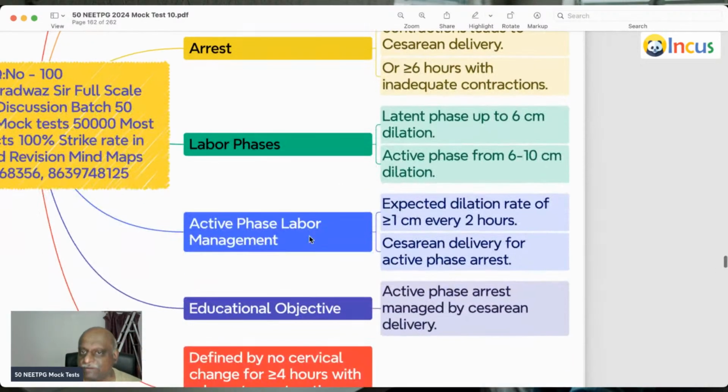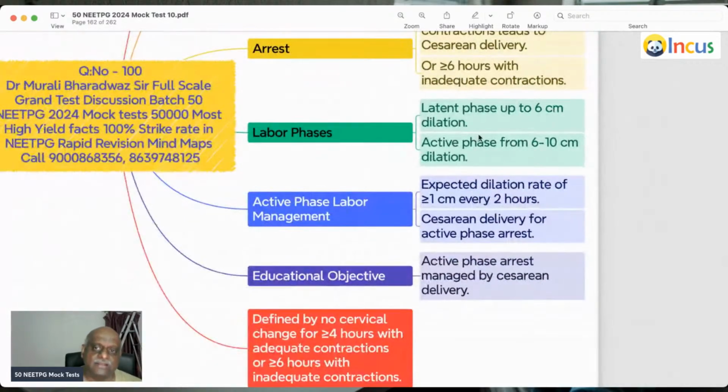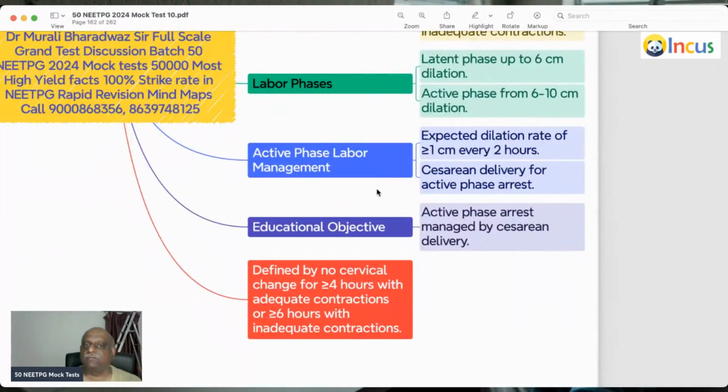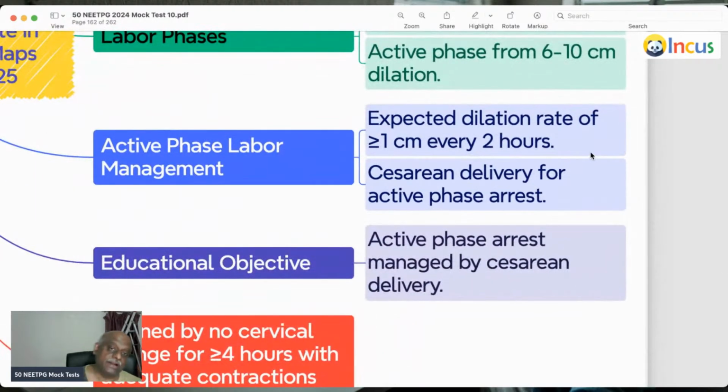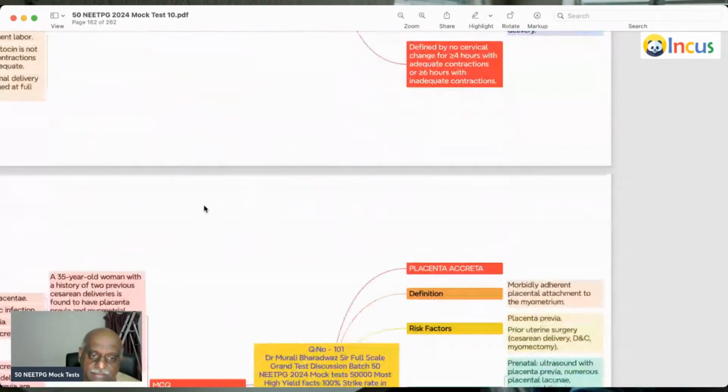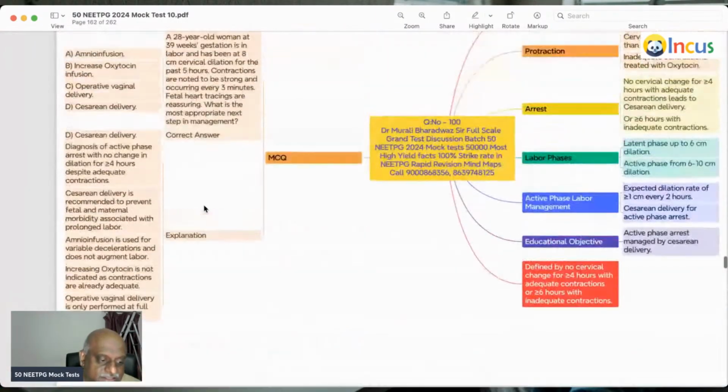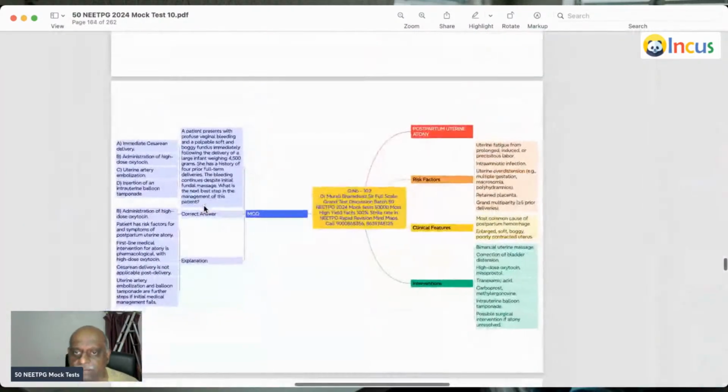If you look at labor phases, latent phase is up to 6 centimeters, 6 to 10 is active phase. In active phase management, expected dilatation rate is more than 1 centimeter every 2 hours, and caesarean delivery is the treatment for active phase arrest, is what you need to remember. So all these things you need to remember, doctor.